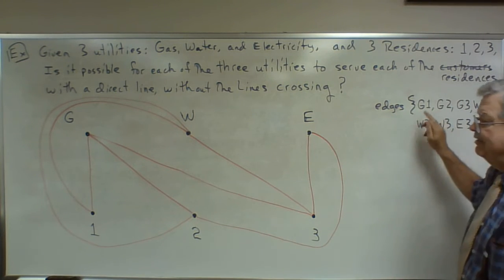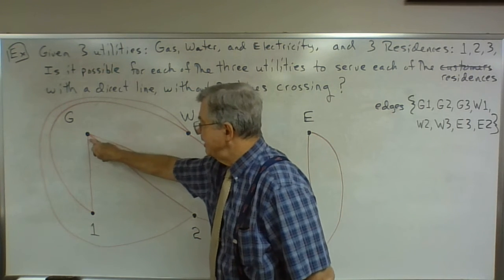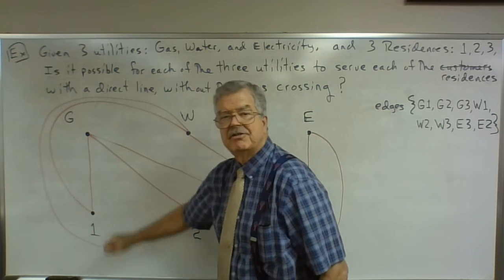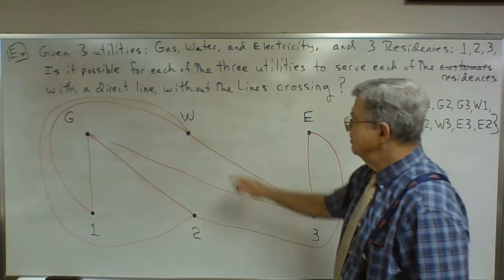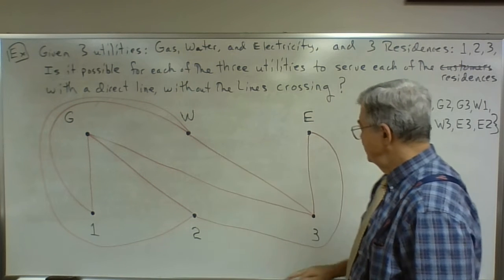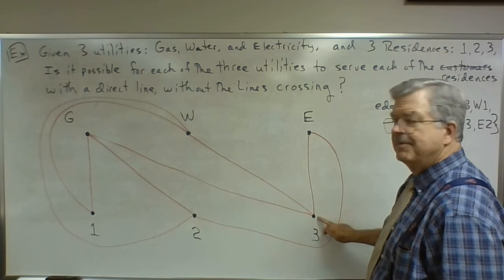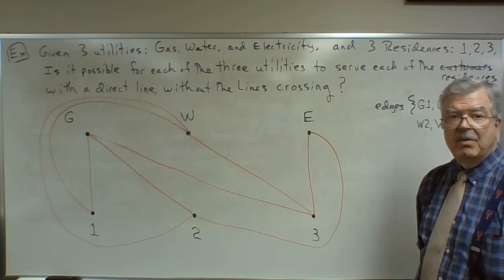G1, that's the edge that goes from vertex G to vertex 1. W3, that's the edge that goes from vertex W to vertex 3, and so forth and so on.